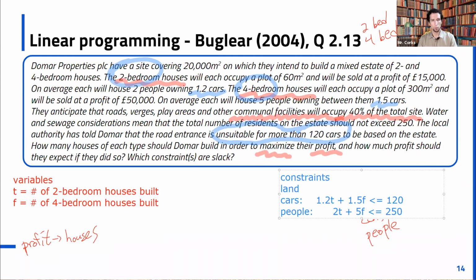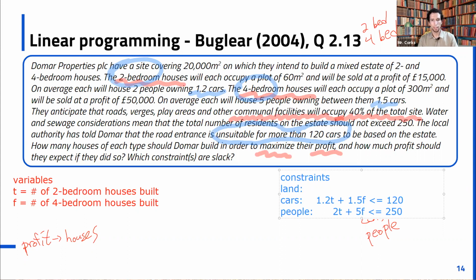Okay, so 2-bedroom houses average 2 people, and 4-bedroom houses average 5 people. There's the 2 and the 5, and the total number of residents should not exceed 250. So there we go.